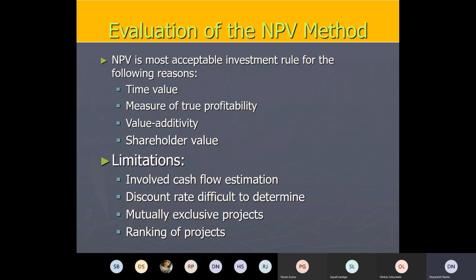So the effect of discounting increases as you go further into the future. Higher the discount rate, the higher the discounting impact. If larger cash flows come later in the life of the project, that will give you a different picture than if the larger cash flows come in the initial period.